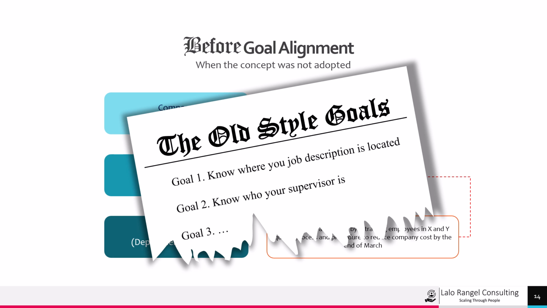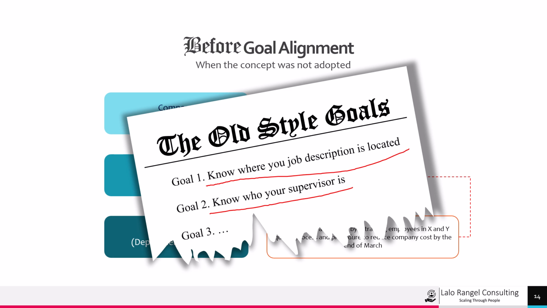One of the goals that each and every employee needed to have documented in their goal setting document or goal scorecard was: know where your job description is located. Another goal: know who your supervisor is.